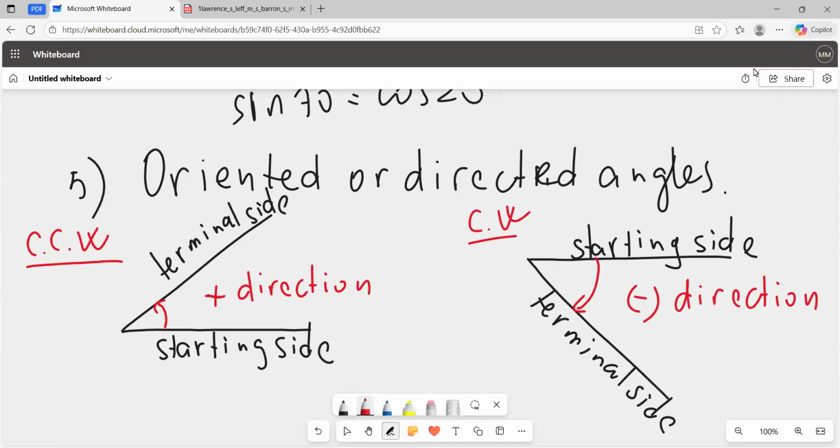The clockwise direction is the negative direction. Okay.